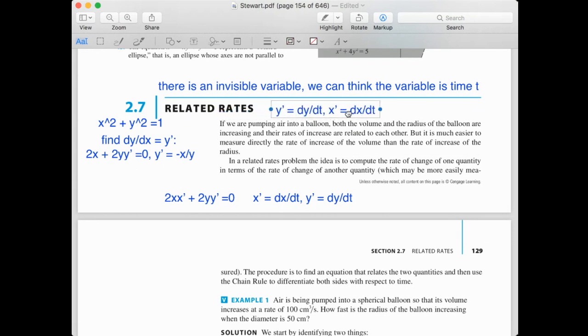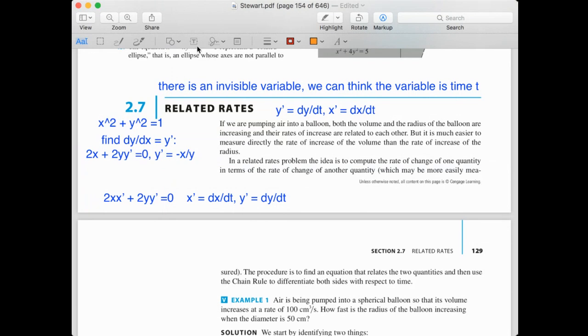So there's a third invisible variable there. We want to consider the change of y in terms of the variable, the change of x in terms of the variable. All right, so this is new. This is called related rates.